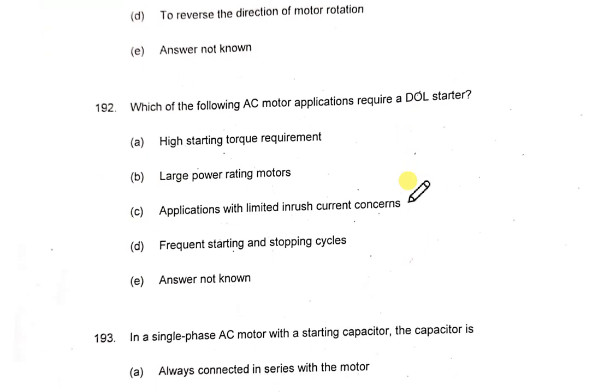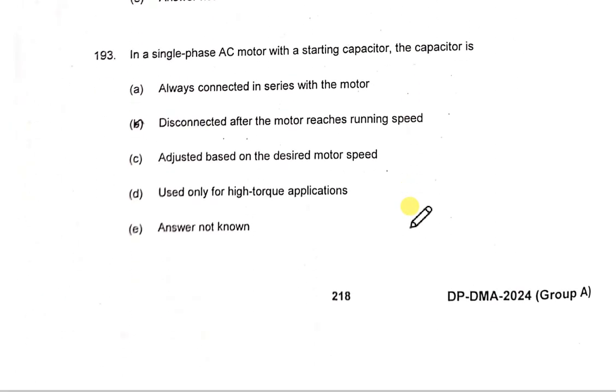Which of the following AC motor applications require a DOL starter? High starting torque requirement. The next one: in a single phase AC motor with a starting capacitor, the capacitor disconnects after the motor reaches the running speed or rated speed.